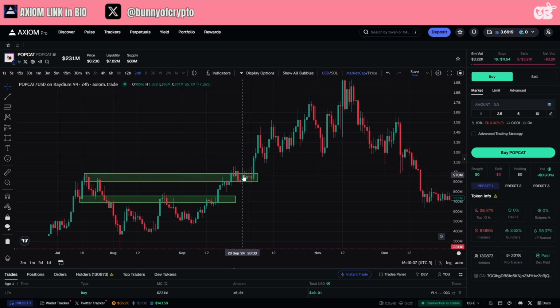And it did just that, as you can see, at about $1 billion market cap. It pumped and went higher after it accumulated here after a couple of days. So guys, these concepts are really important, but also very simple. And I've been primarily using this concept to trade my meme coins, and I've had a lot of success with these strategies, just very basic strategies.